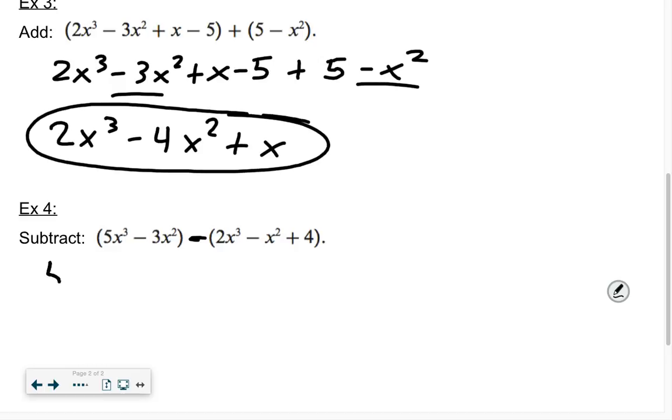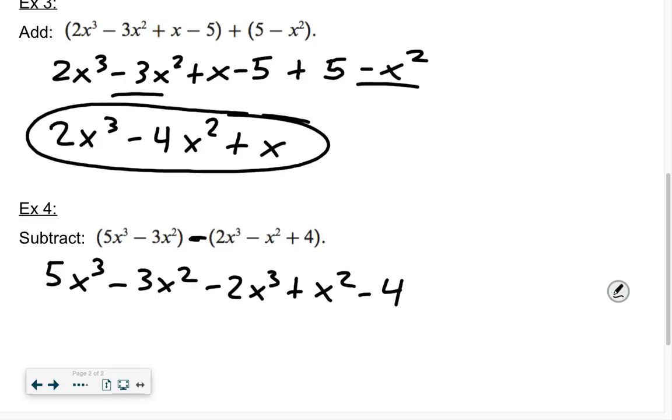So if we do that, 5x cubed minus 3x squared, and if we distribute the negative, this 2x cubed becomes negative 2x cubed, positive x squared minus 4. Be leery of the minus sign in front of the parentheses. It is no different if you have this. That means it would be -4 or negative x plus 4. Same thing, same concept.